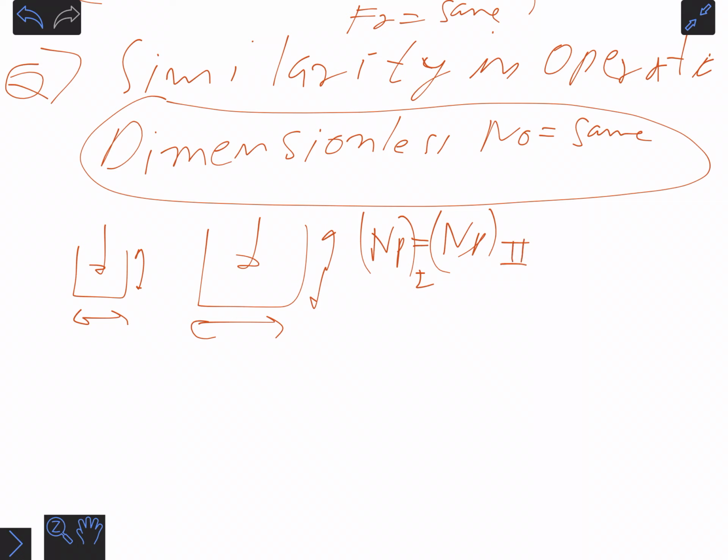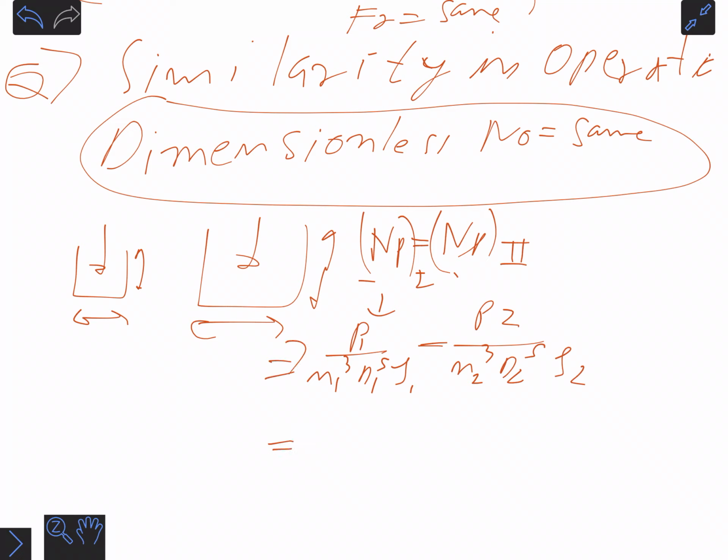When you put these, Np1 implies P1 by N1 cube D1 to the 5 rho equals P2 by N2 cube D2 to the 5 rho. The densities are the same in both cases, and the rpm is also the same in the question.